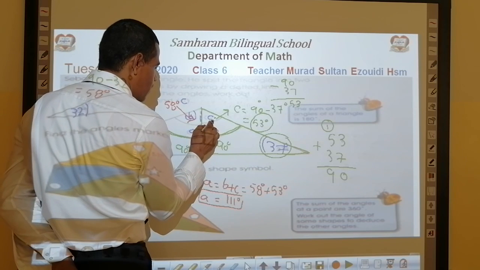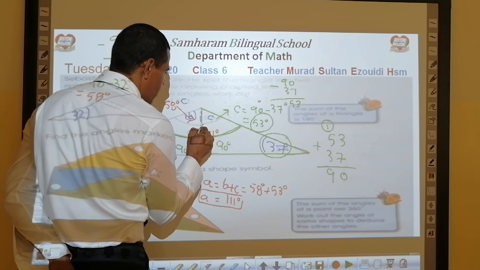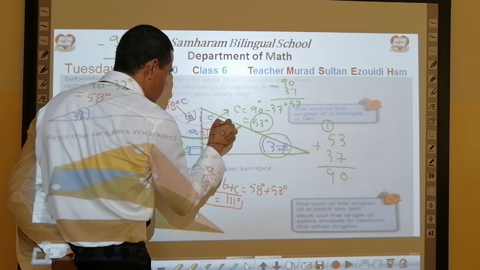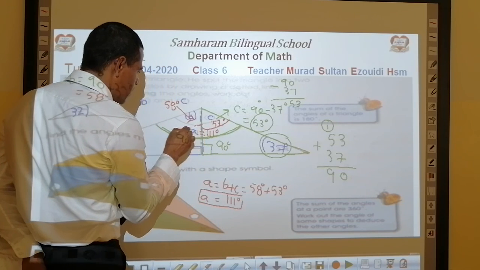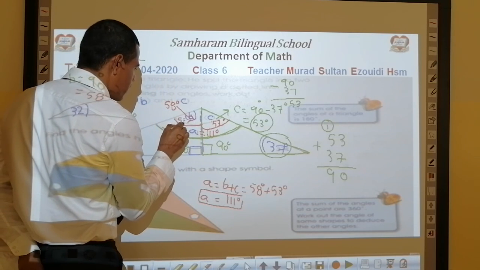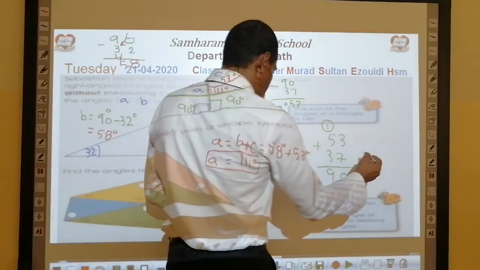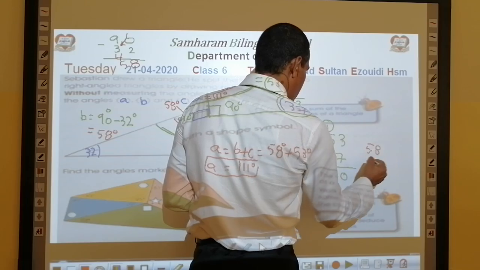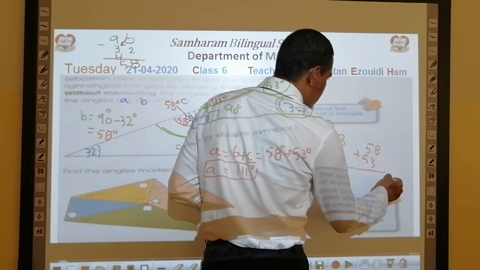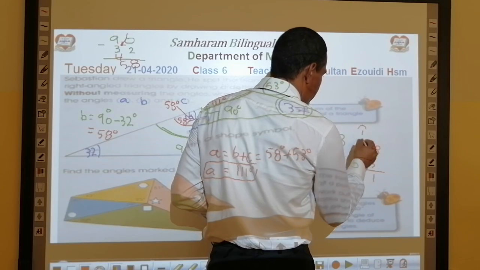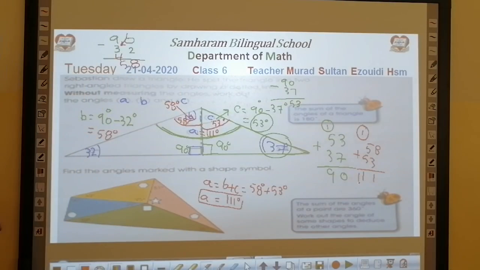C is equal to 53. And this one is 58. Okay? So, we check it again. 58 plus 53. 8 plus 3, 11. 5 plus 5, 10 plus 1, 11. So 111. Okay.